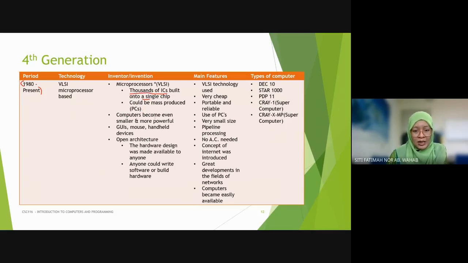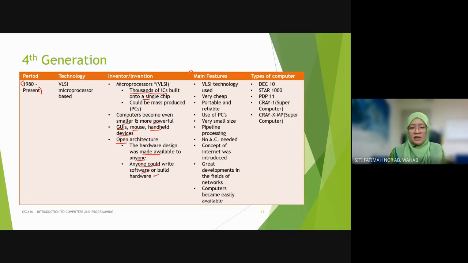And then the computers become even smaller, more powerful. We have the GUI, graphical user interface. We have the mouse. We have handheld devices. And the architecture used is open architecture. The hardware design was made available to anyone. Anyone could write the software or build the hardware.